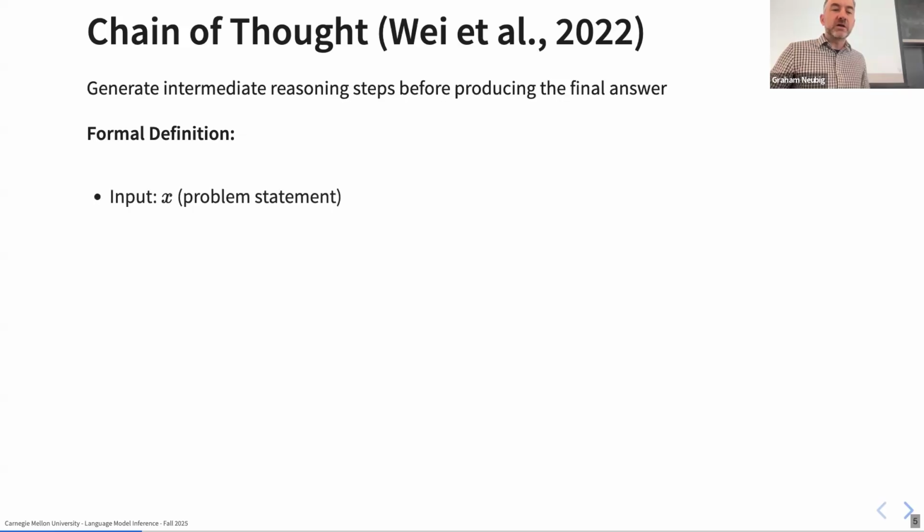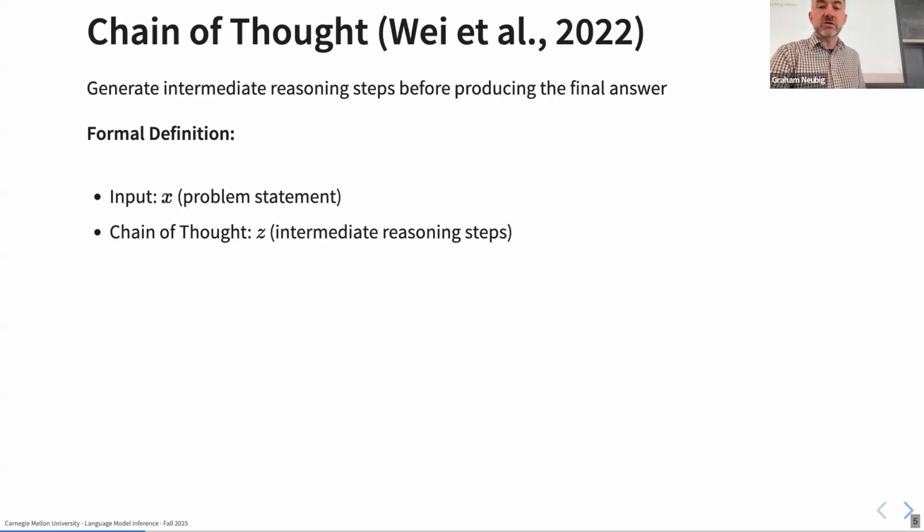And the formal definition, which we will be using as we explain different methods later, especially for training, is that we have the input X, which is our problem statement. We have the chain of thought Z, which is our intermediate reasoning steps, and we have the output Y. This is also what I covered in the first class.